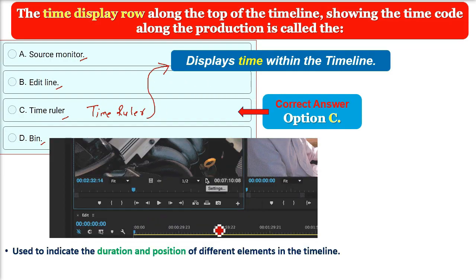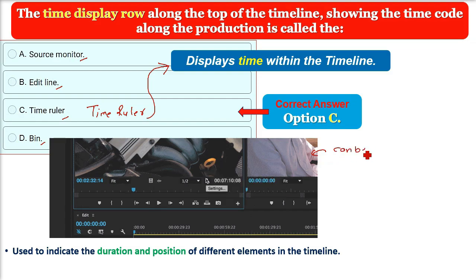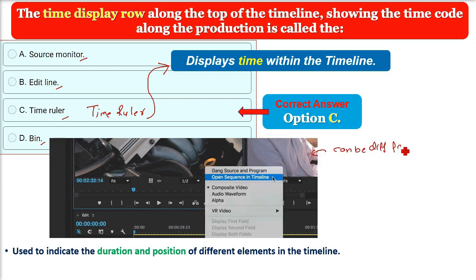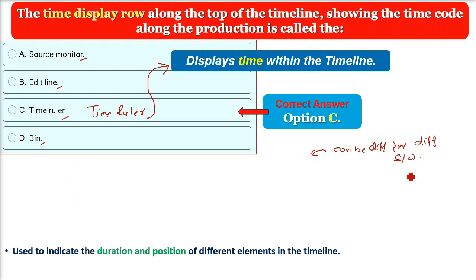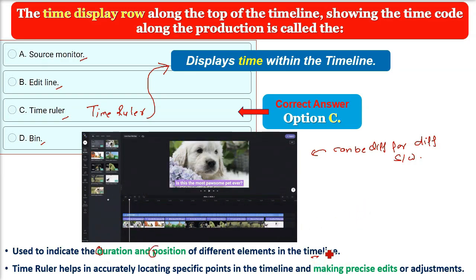So the time display row along the top of the timeline showing the time code along the production is called the time ruler. So this time ruler is used to indicate duration and position of different elements in the timeline.